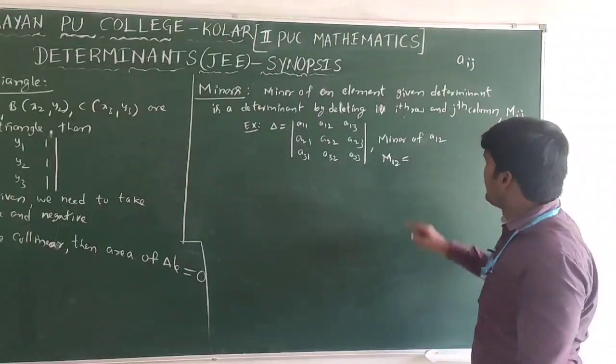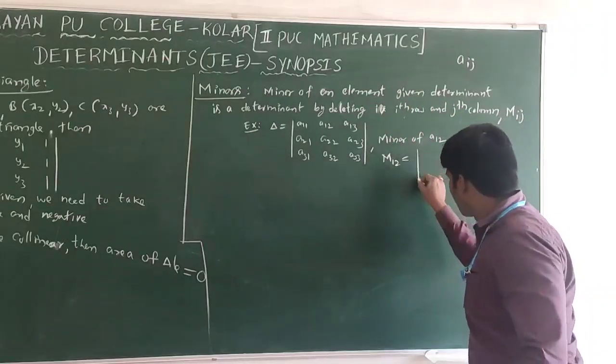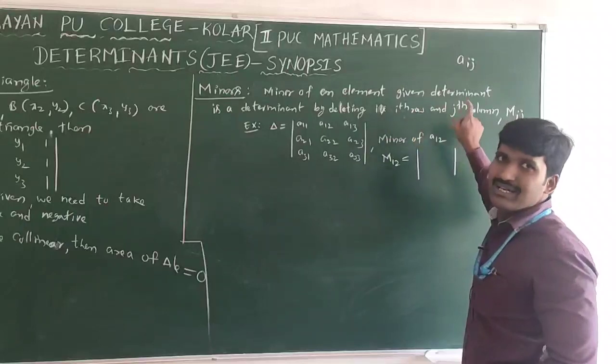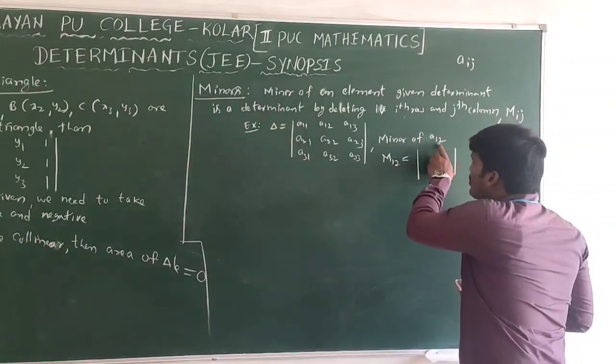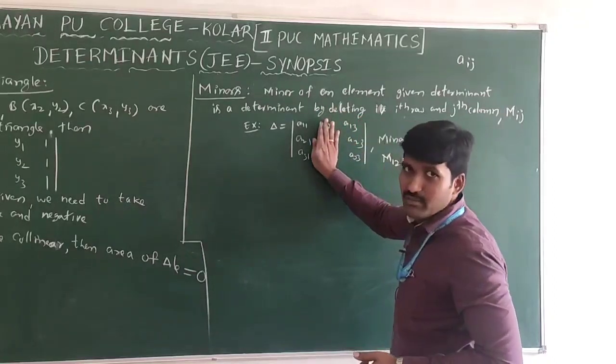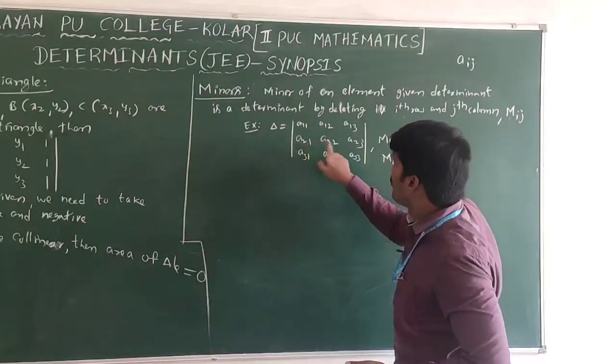How to find this? Take it by deleting its row and column. It is lying in which row? First row, deleted. Which column? Second column. After eliminating these two, first row, second column, what remaining elements? A21, A23.